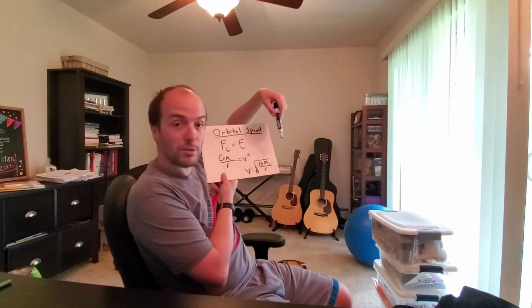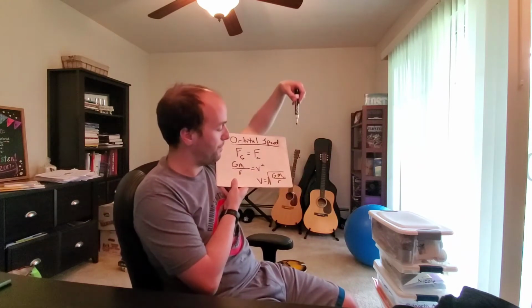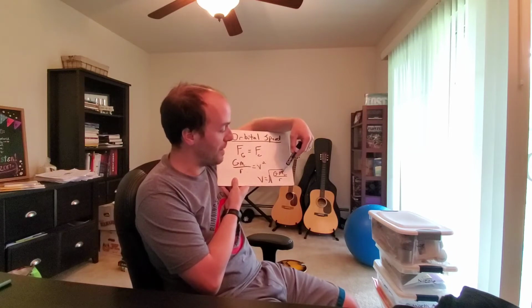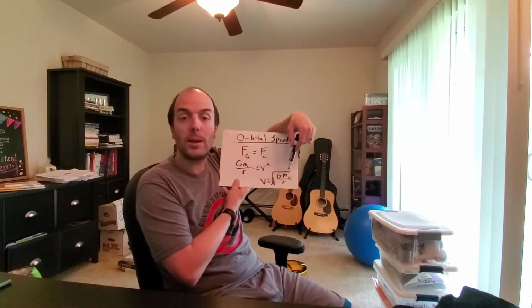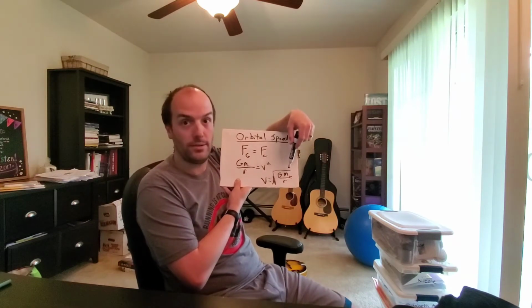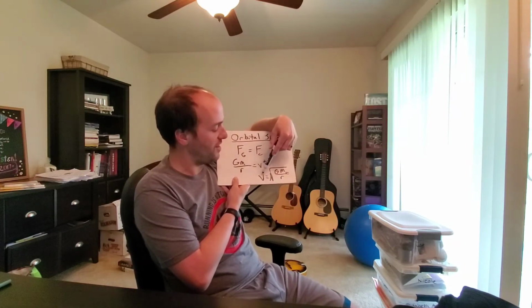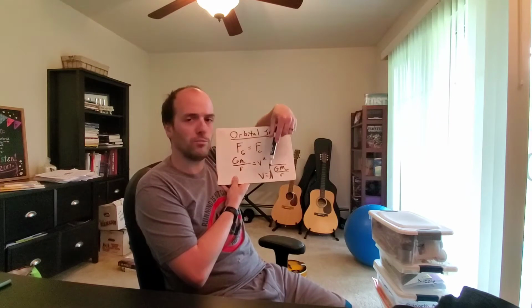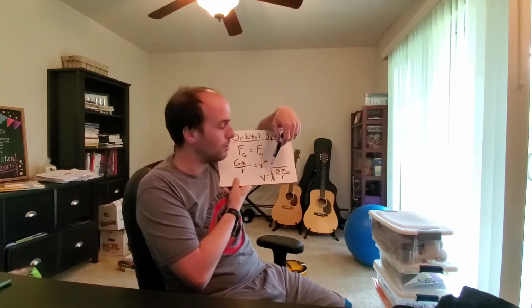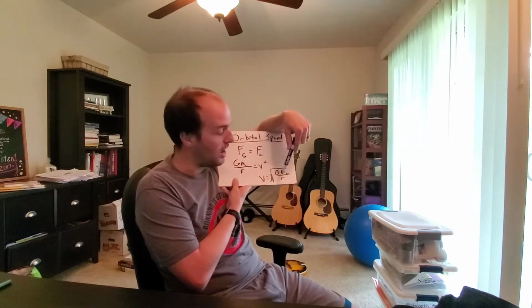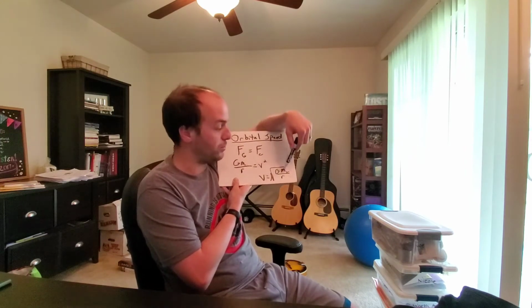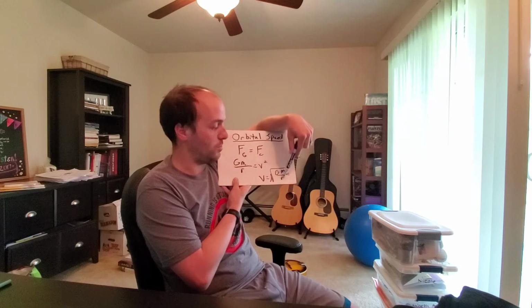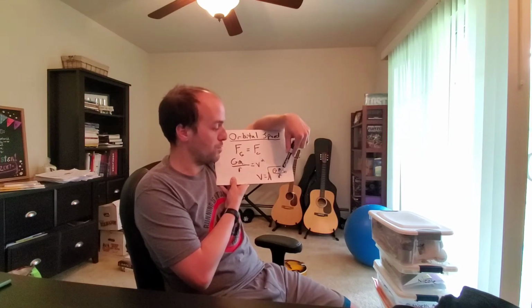Now, this can be used in any scenario, but it's key to know that the mass in the equation is the mass of the object being orbited. So if you were to use this to find the orbital speed of some random satellite that we put in space, this would be the mass of the Earth, and this would be the distance between Earth and that satellite. For the moon, this would be the mass of the Earth, and this would be the distance between Earth and the moon.